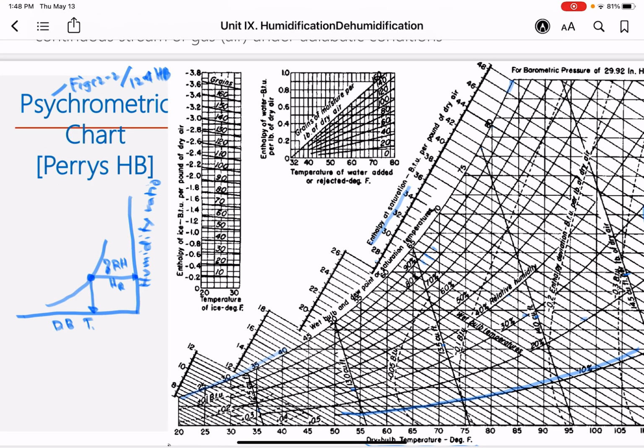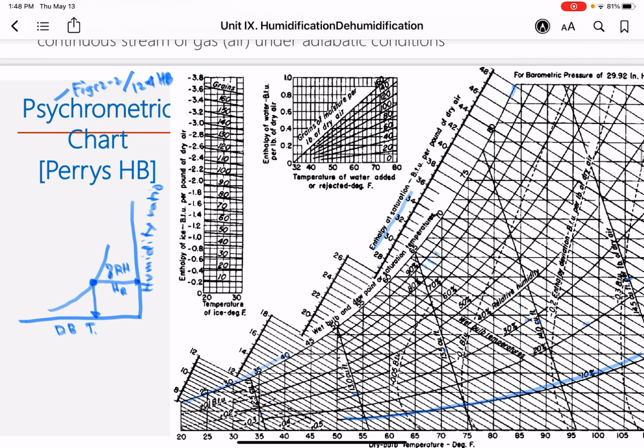Now, if I get the line perpendicular to that and extend, diba? You have here the wet bulb. So this is your enthalpy, yung line na nandito. So this is your enthalpy. Okay? The dew point temperature is if I project that point to the left, horizontal, I get the dew point temperature.